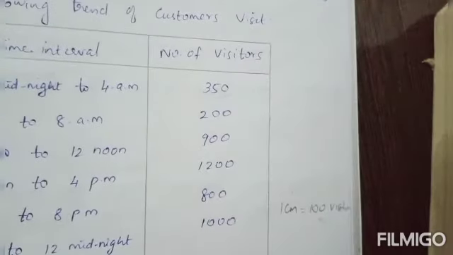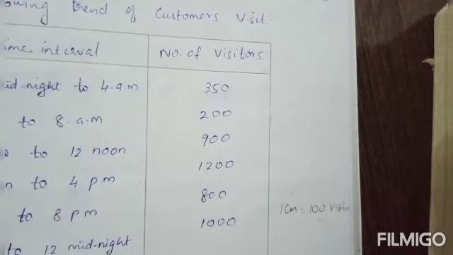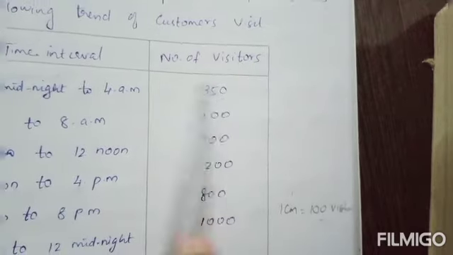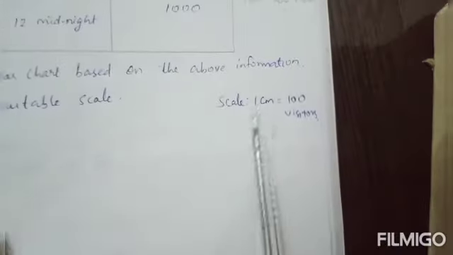Now let us draw a vertical bar graph, that is, a column bar graph. Number of visitors we can take along the vertical axis and time interval along the horizontal axis. Now in order to mark the number of visitors on the vertical axis, we have to see the scale.